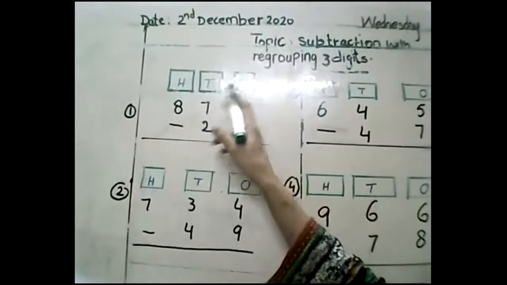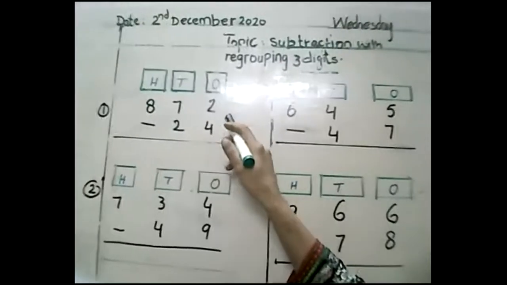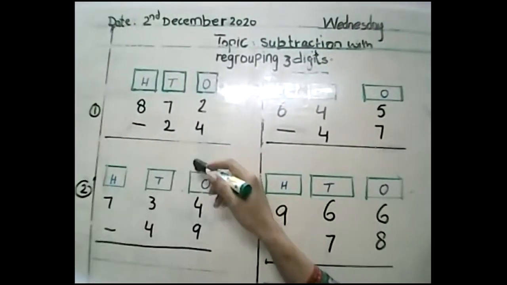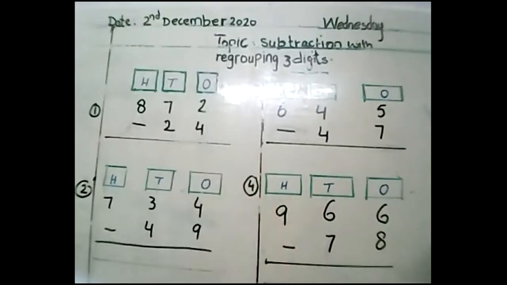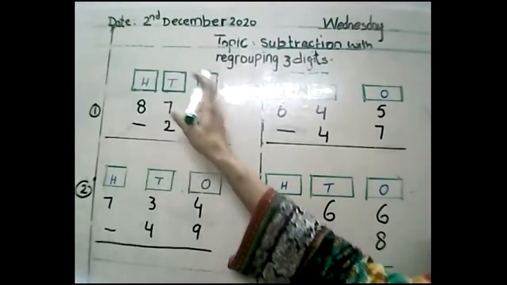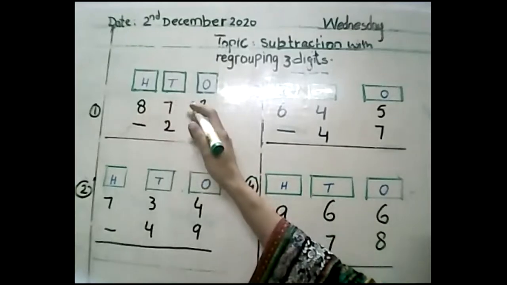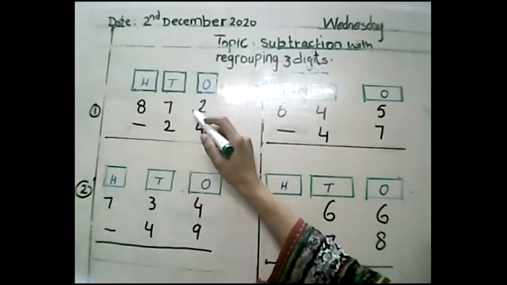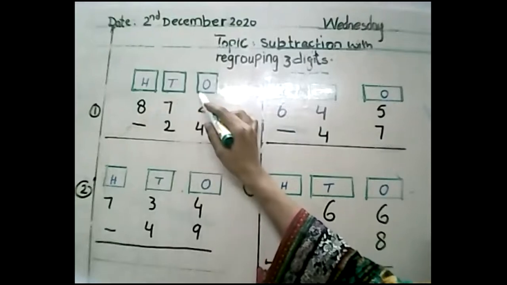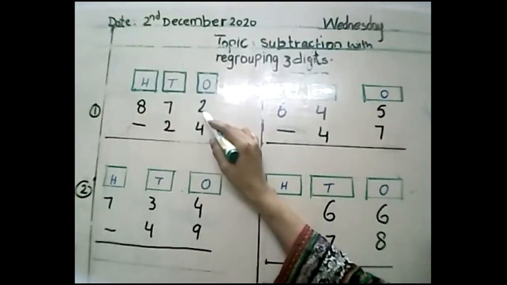This is ones, tens and hundred. Ones में कितने आएंगे? टॉप पे 2 and floor पे 4. Can we subtract 4 from 2? No. We will regroup और regroup करेंगे तो 1 from tens. नेबर कौन सा है? नेक्स्ट डोर जाएंगे ना, नेक्स्ट डोर कौन सा है? 10 है ना, तो 10 से 1 10 लेंगे तो 1 ten means 10 ones, 10 ones and 2 ones. 10 or 2, 12.